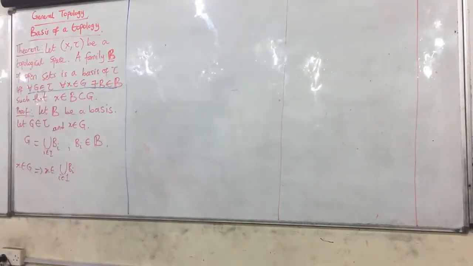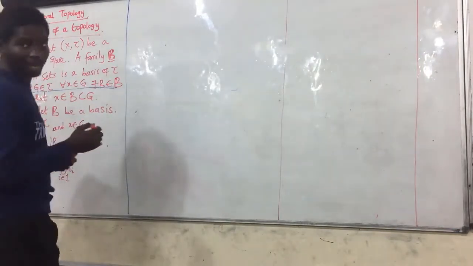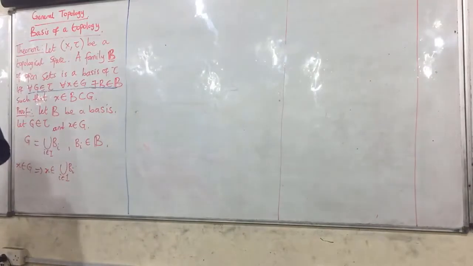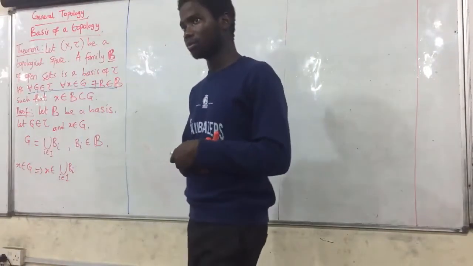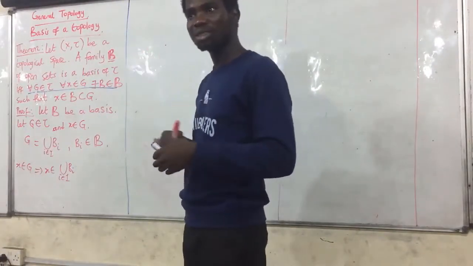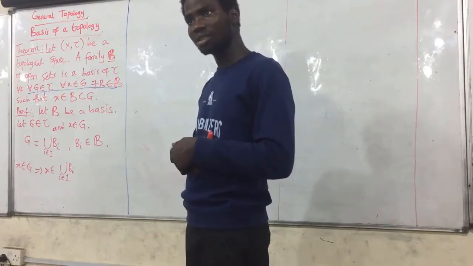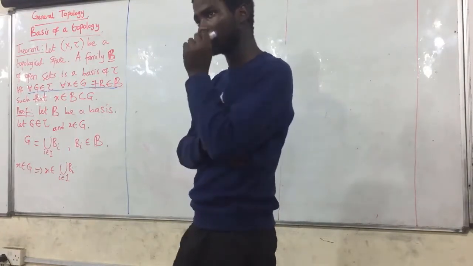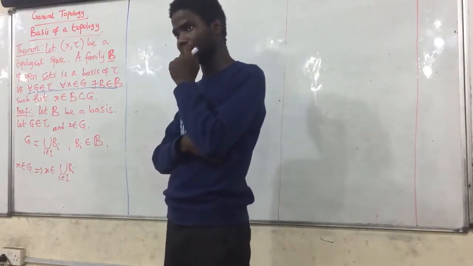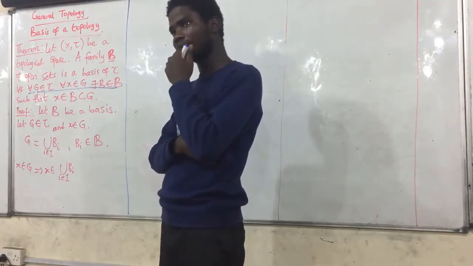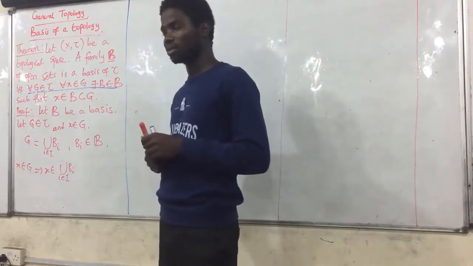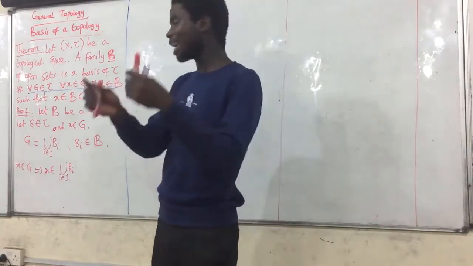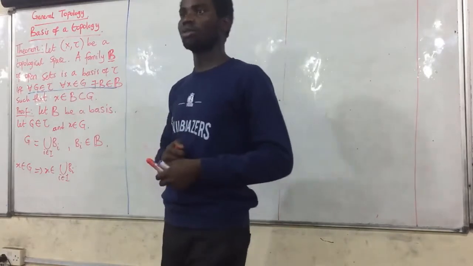You were making that A1, A2 being elements of a topology. In this case, can we assume that G is taking the position of A1? Yes. Correct. Very good.